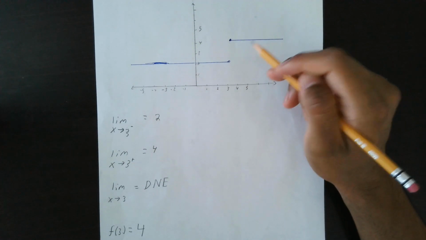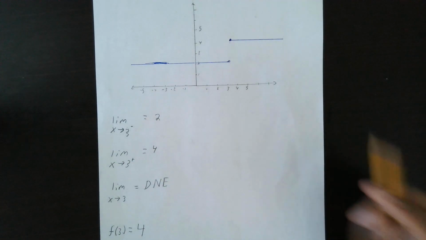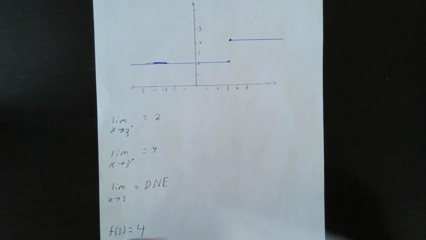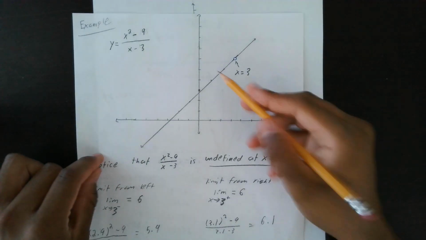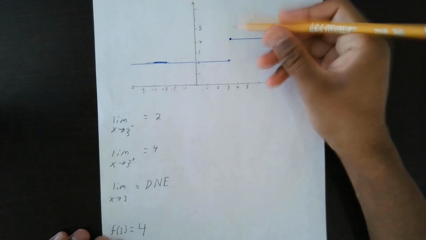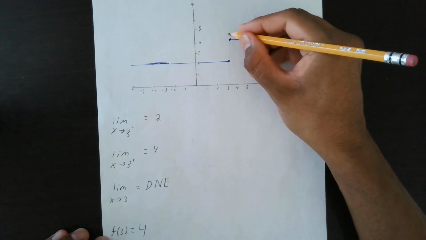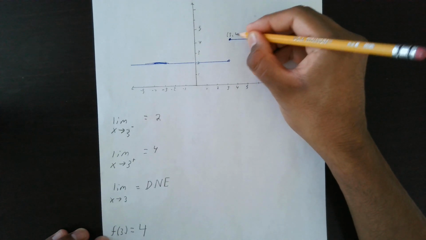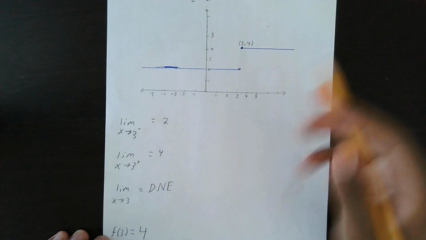It's almost like the reverse of the problem we had previously. Previously, the limits existed, but the point did not exist there. In this case, the point does exist. We have the point (3, 4), but the limit does not exist.